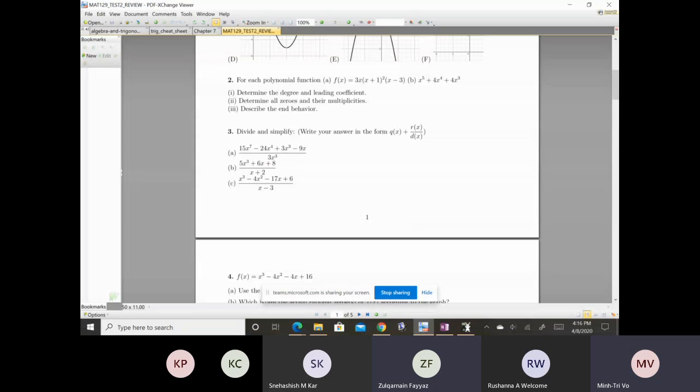Zeros are basically the x-intercepts, right? Yes, zeros, x-intercepts, roots, those all mean the same thing.